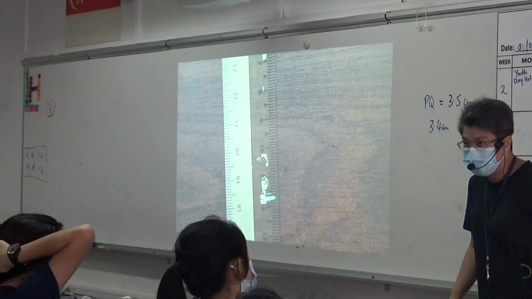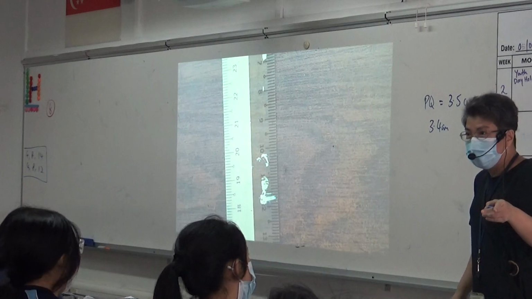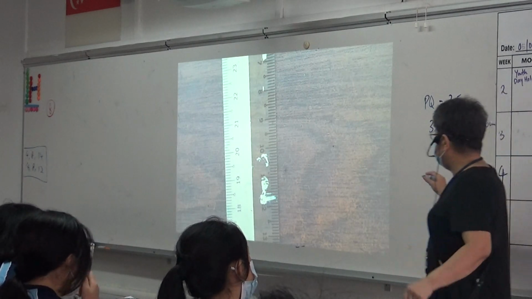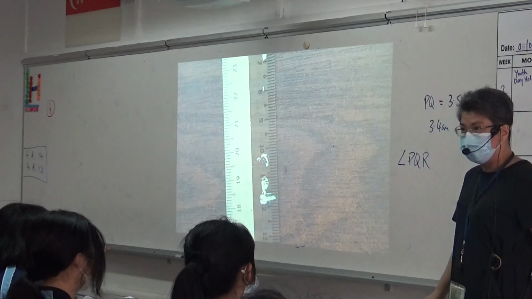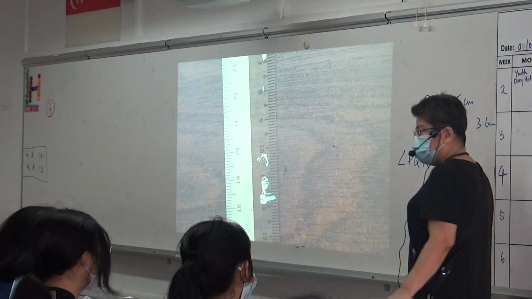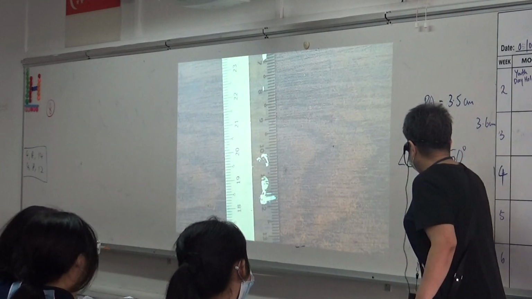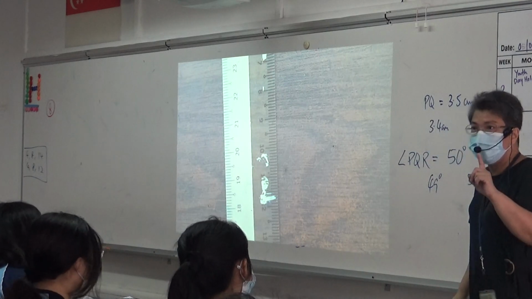It's out of the range. You understand? It's plus minus 0.1. Everybody clear? Now, what about degrees? For example, I can ask you to measure angle PQR after construction. For example, my answer is 50 degrees. If you give me 49, 50 or 51, it is still okay.